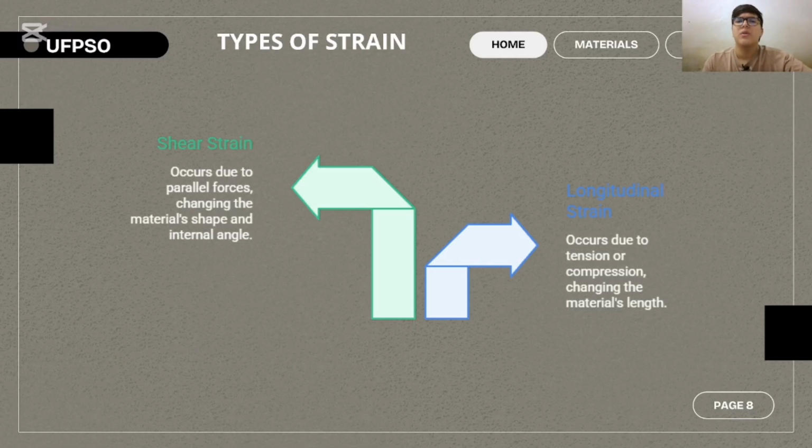We can conclude that depending on the type of strain applied to a material, it will deform in different ways. This behavior is also influenced by the stiffness of the material.